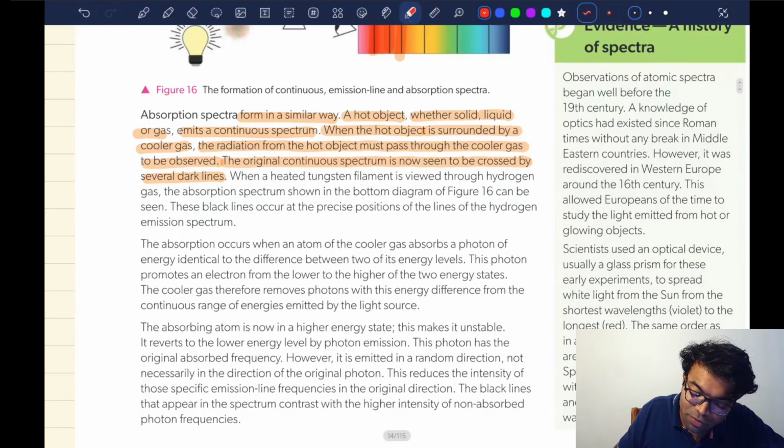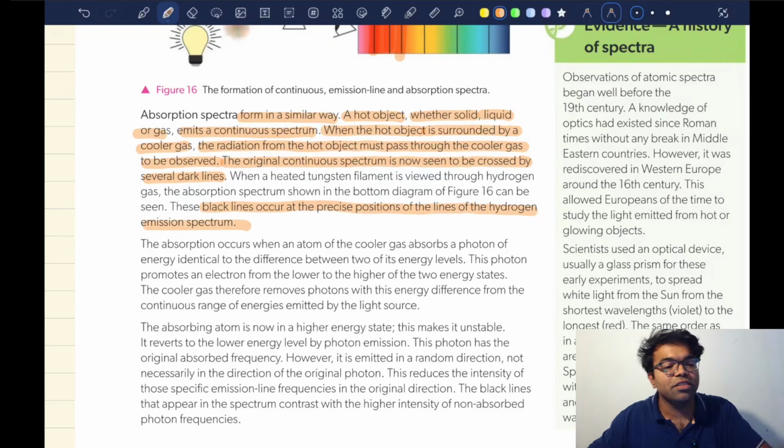Now, when a heated tungsten filament is viewed through a hydrogen gas, the absorption spectrum shown in the bottom diagram of the figure can be seen. The black lines occur at precise positions of the lines of hydrogen in the emission spectrum.